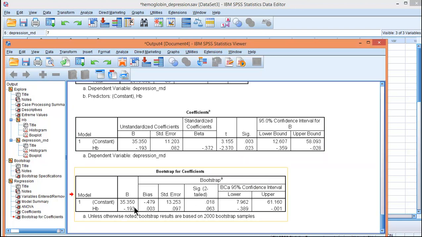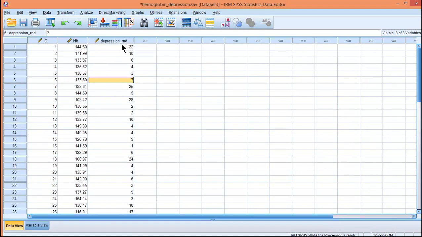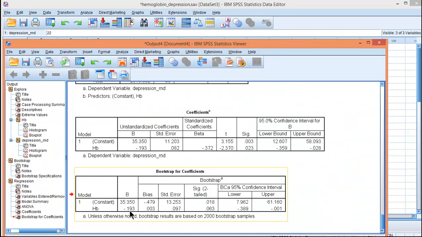So the problem that I have here is that interpreting the unstandardized beta weight is not that informative because the scale upon which depression is scored doesn't really make a lot of sense to anyone. What does it mean to score 0.19 less on a depression scale?